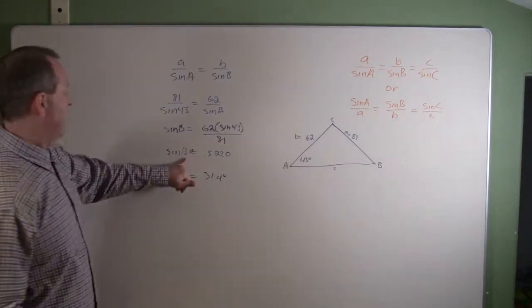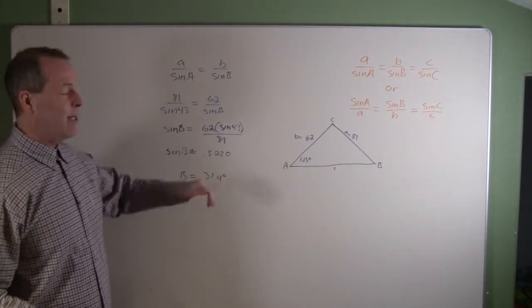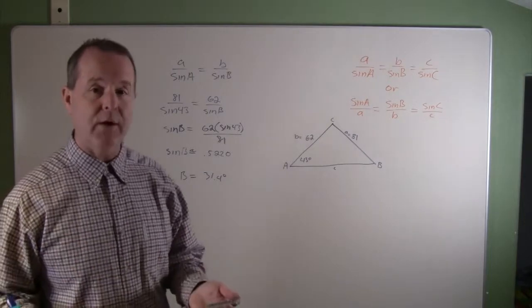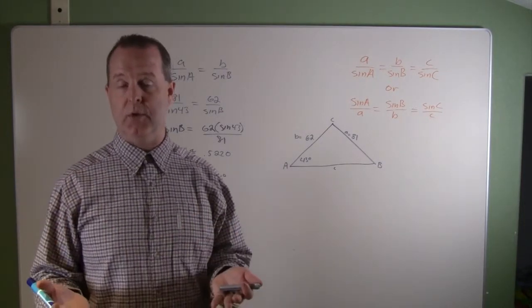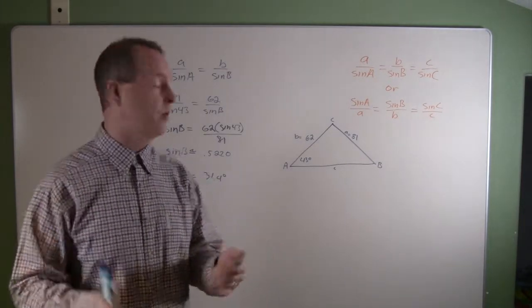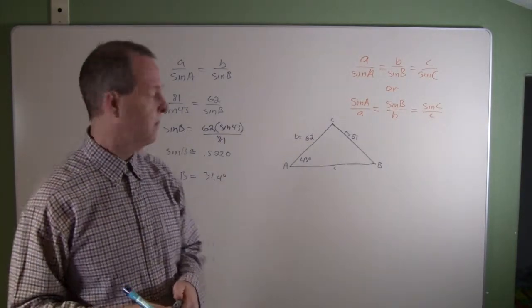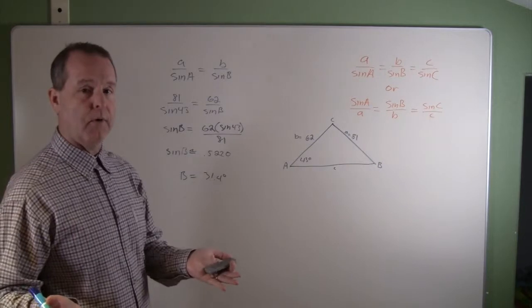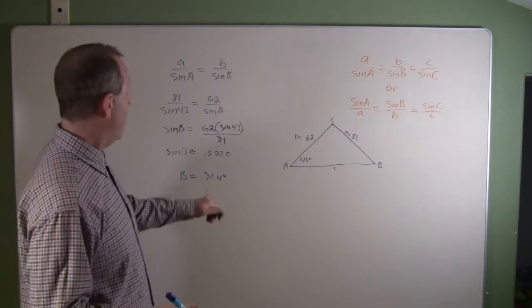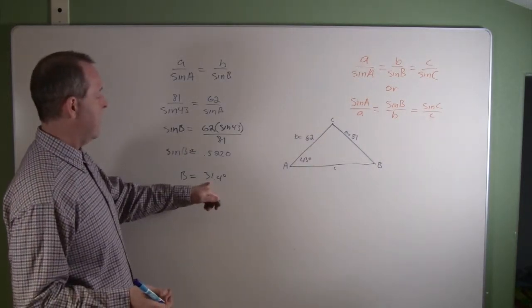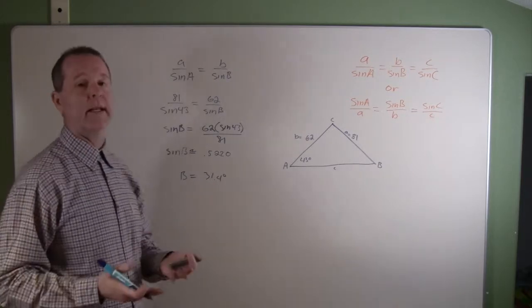Okay, given this point right here, I know that there are two potential angles that have a sine of 0.5220, and so I need to look at both those potentials. One we discovered is 31.4 degrees.